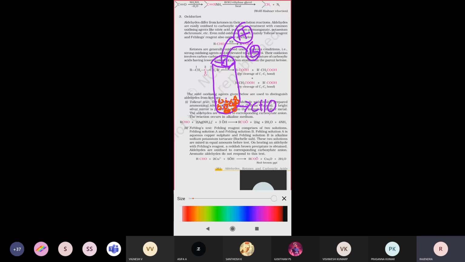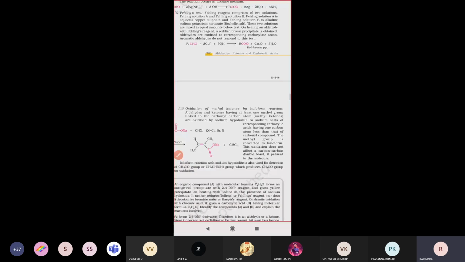So the reddish brown precipitate represents that the given organic compound contains an aldehyde. The aldehyde is oxidized to form the carboxylate ion, right? So this is about the Tollens reagent as well as the Fehling's test.